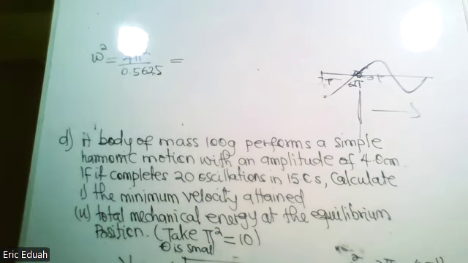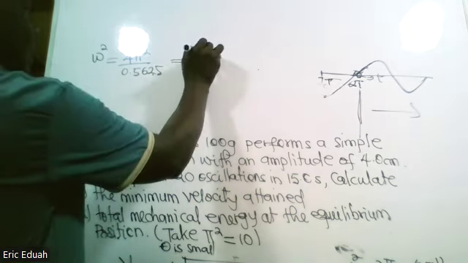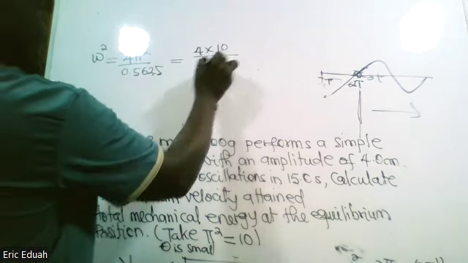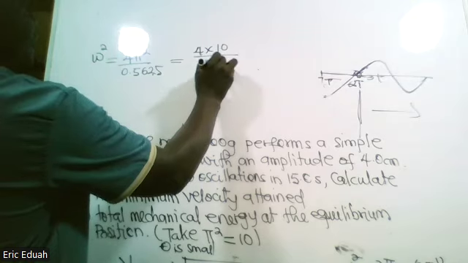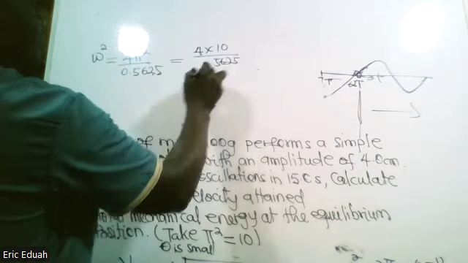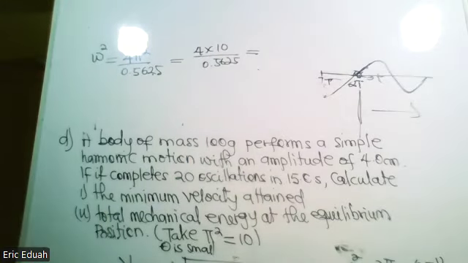But we are told from the question that pi squared is 10. So 4 times 10 divided by 0.5625 must be our answer for omega squared.